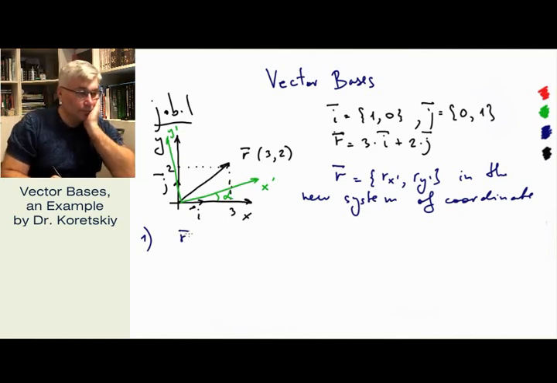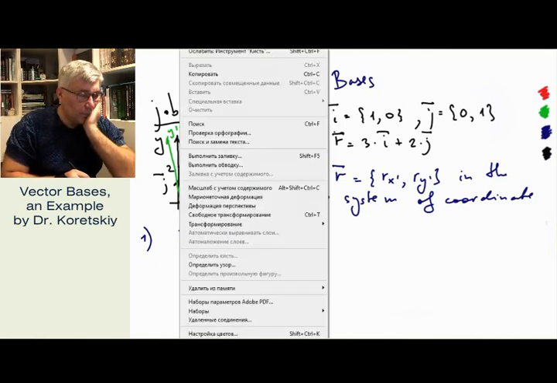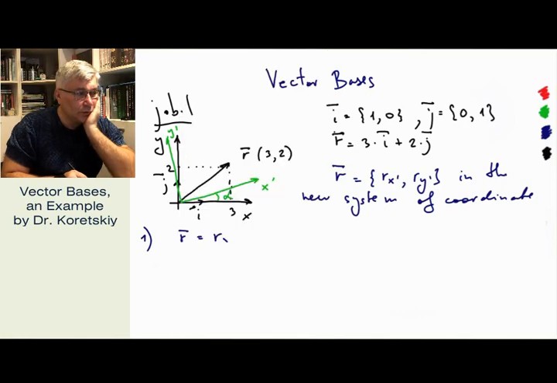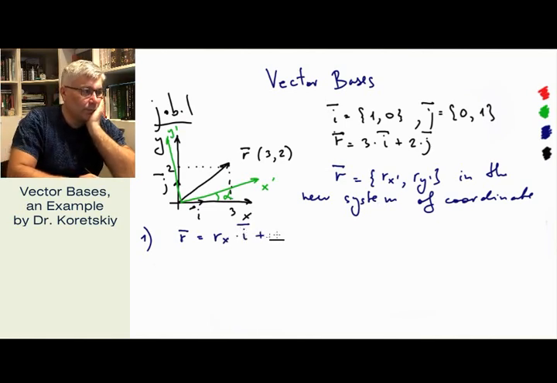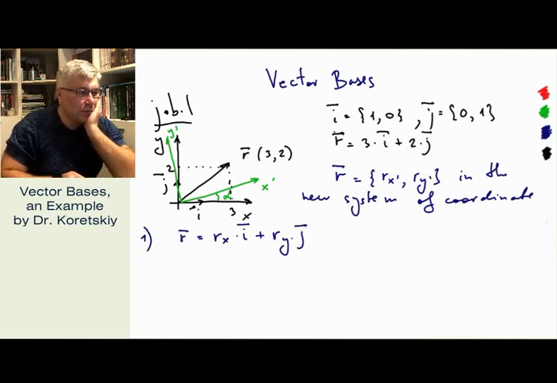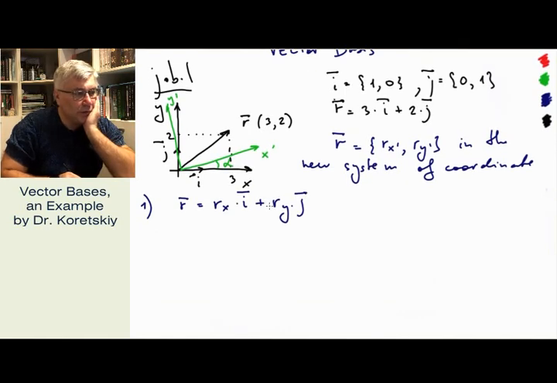How can I do it? So the first thing here, I have r as a summation, rx times i plus ry times j.